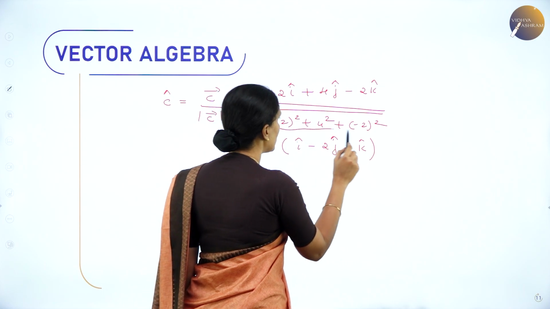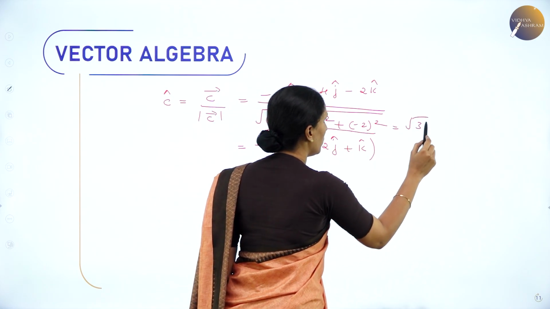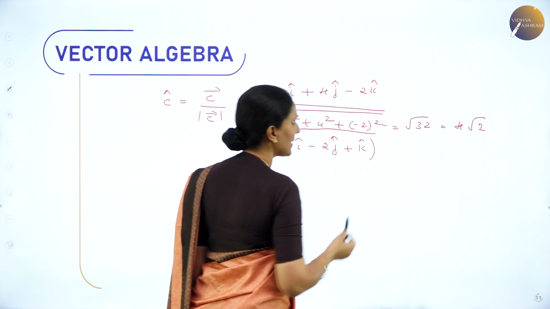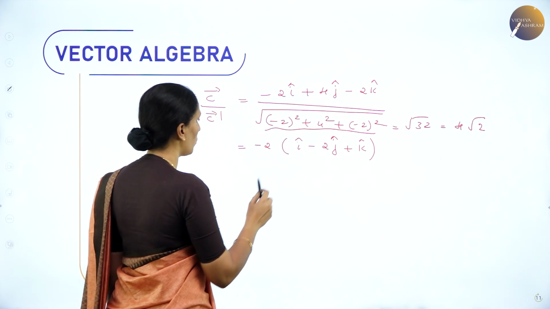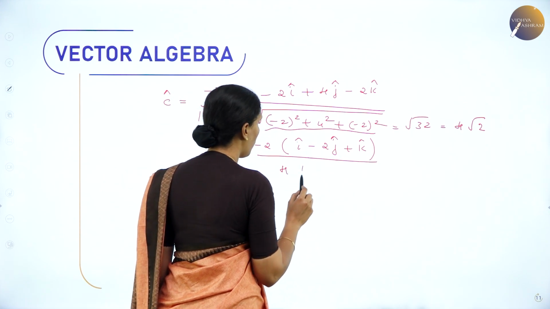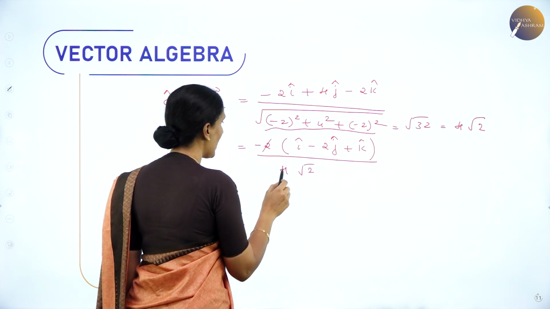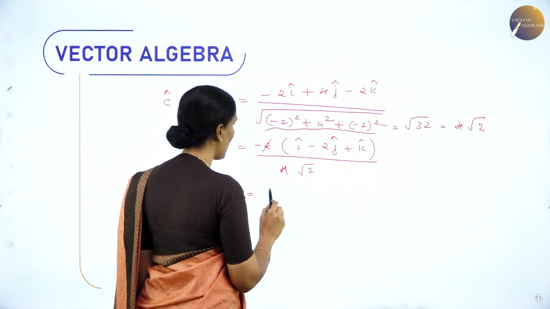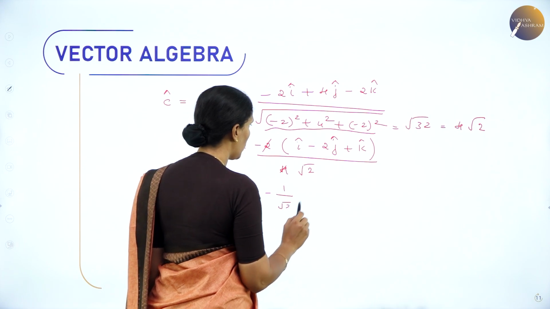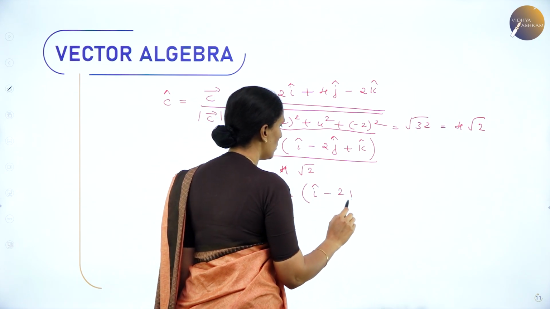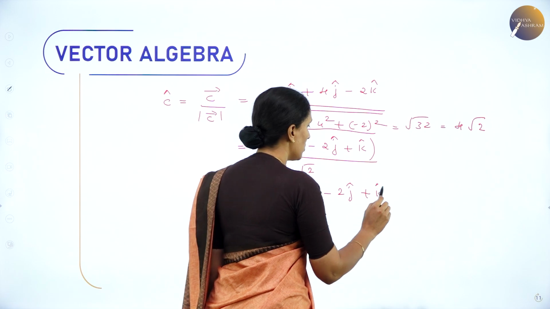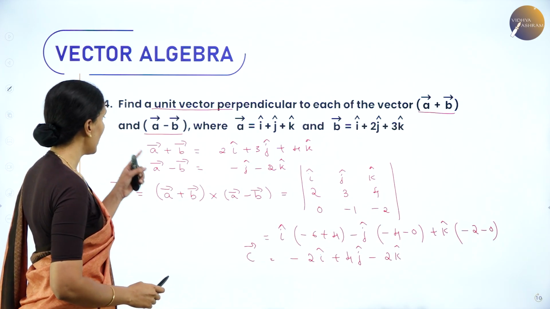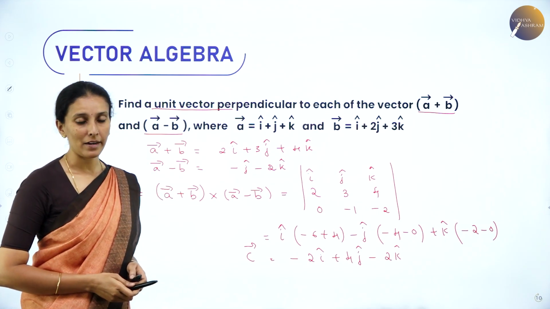And here, this is equal to root 32, which can be written as 4 root 2, because 16 2s are 32. So whole divided by 4 root 2. If we cancel this, vector C cap, or the unit vector, can be written as minus 1 by root 2 (i minus 2j plus k). So this is the unit vector perpendicular to both the vectors A plus B as well as A minus B.